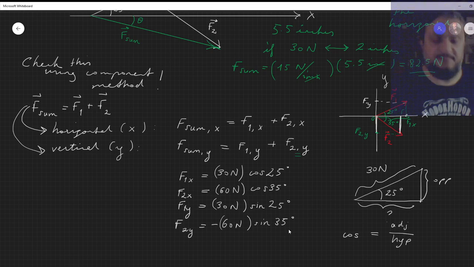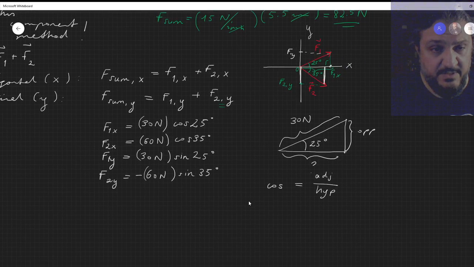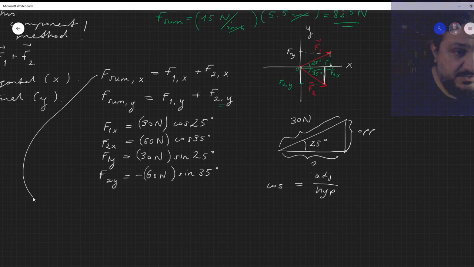So from the first equation, let me move it up a little bit over here, I get F sum x, meaning the x component. I just need to add F1x to F2x.